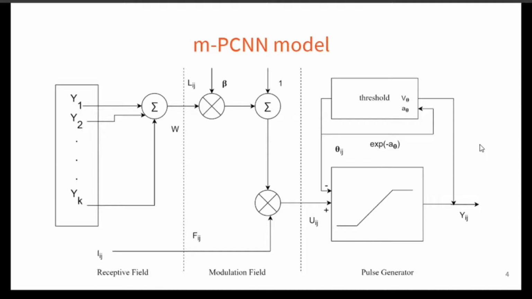Wijkl represents the local connection matrices comprising weights that can quantify the influence of each neuron in the vicinity of the central neuron. Beta is the linking coefficient and Yij is the binary output of the model. Alpha theta is the attenuation time constant and V theta is the corresponding inherent voltage potential.